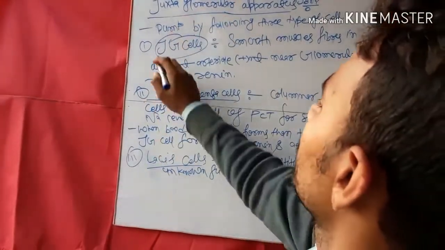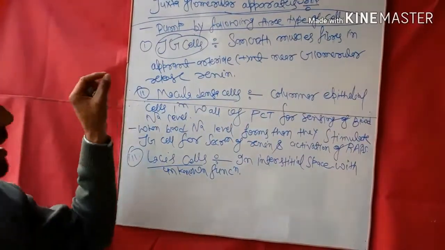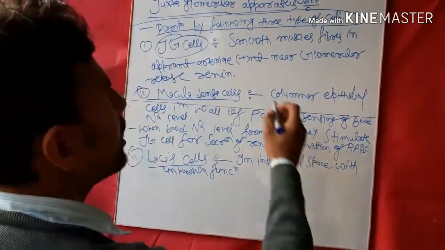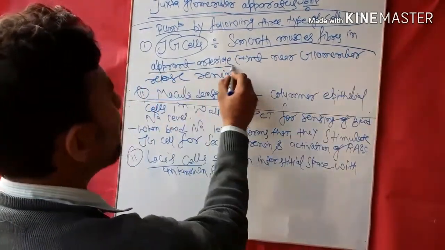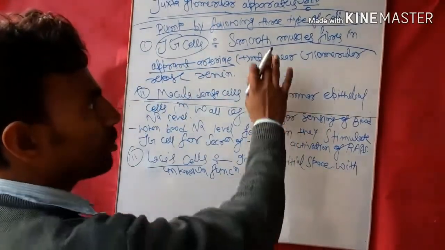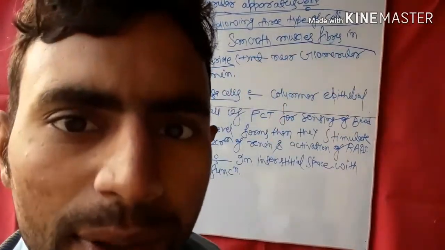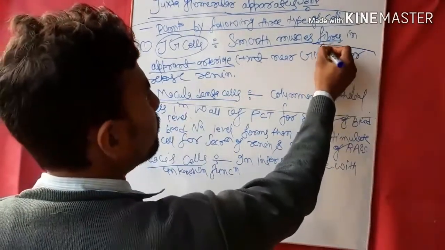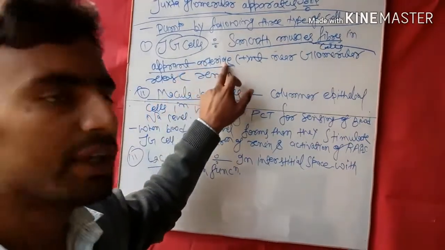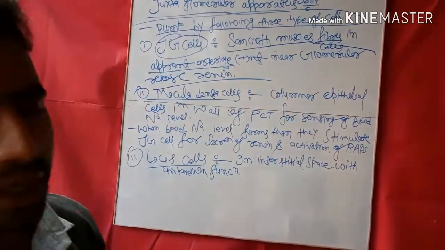The juxtaglomerular apparatus is formed by three types of cells. First cell is the juxtaglomerular cell. What is the work of juxtaglomerular cells? Juxtaglomerular cells are smooth muscle fibers, fibers meaning cells, in the afferent arteriole present near the glomerulus, and they release renin.